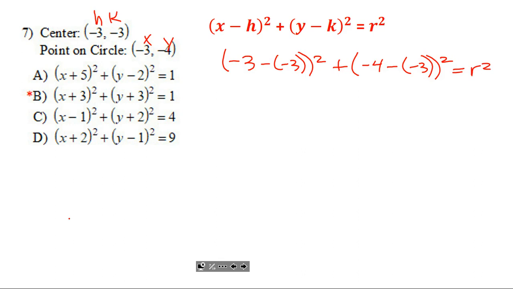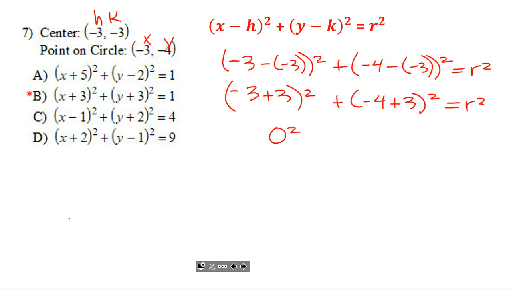So when we simplify this, this is going to be -3 plus 3 squared plus -4 plus 3 squared, and again, that's still equal to R squared. So -3 plus 3 is 0, so that's 0 squared, plus a -1 squared, that's equal to R squared.